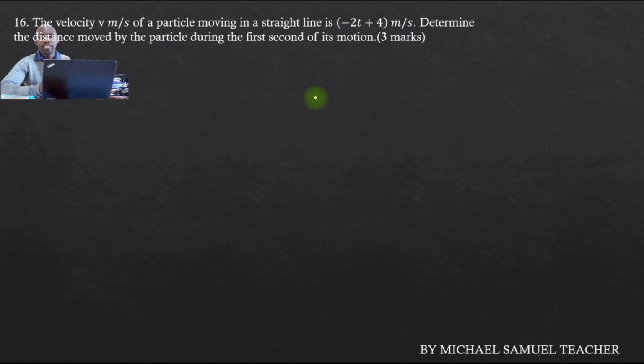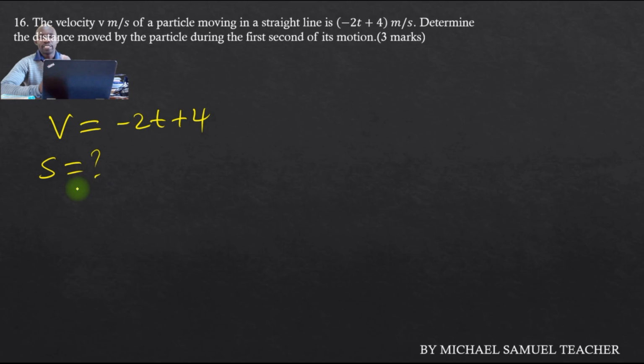So this particular question comes from the topic of integration, and the velocity of the particle is given as minus 2t plus 4 meters per second. Whatever is required is the distance s during the first second.